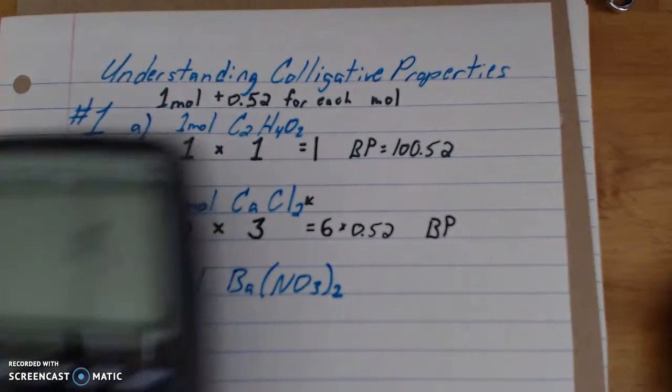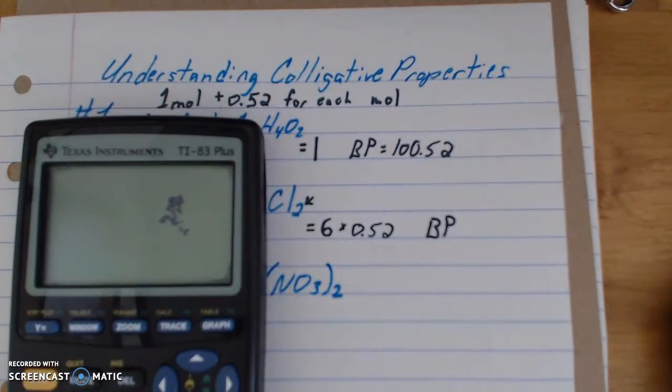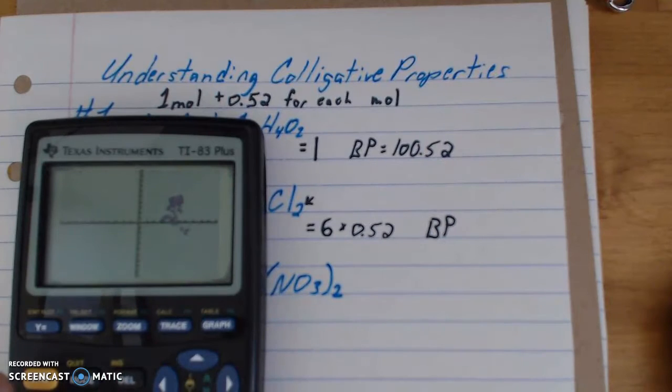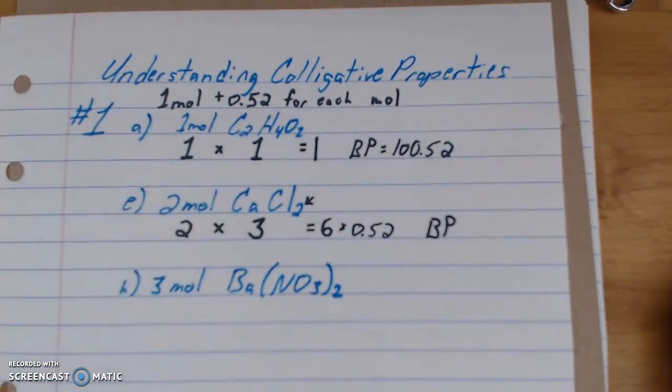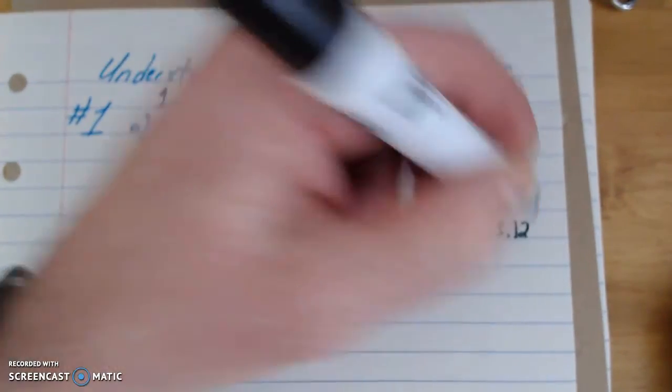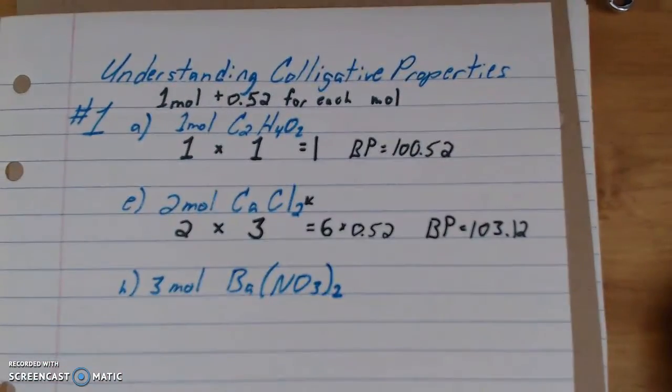So what is it? 6 times 0.52 is 3.12. So my new boiling point will be 103.12. Do you dig how that works? Are you guys following me on that one?